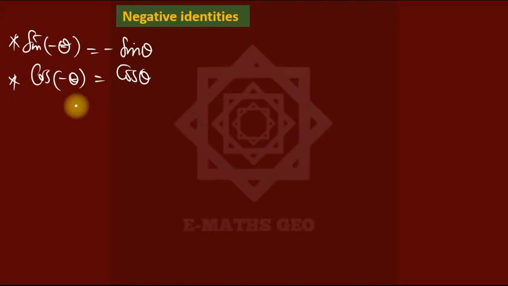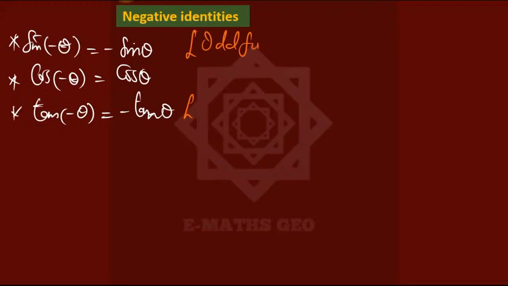The last one is tan negative theta, which is negative tan theta. So that's the negative identity. No need of writing the other three. So we normally call the first one, sine negative, and tan negative, odd functions.